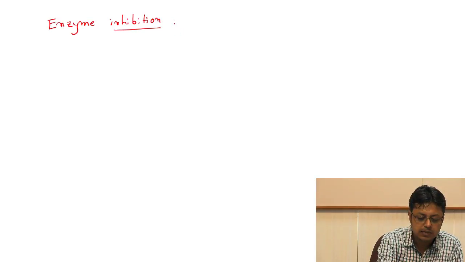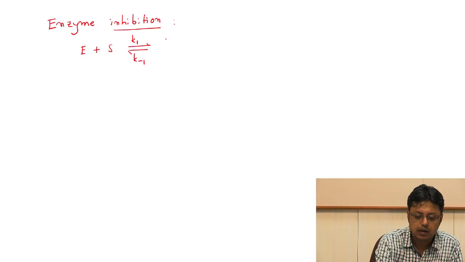So you can write the equation with the enzyme and substrate as before. You can write the rate equations like this, and then I have the enzyme substrate complex which forms the product.